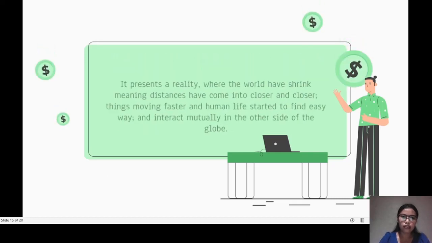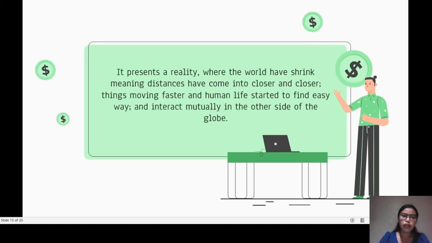Another one is that the contemporary world is very significant because it presents a reality where the world has currently shrunk, meaning that parang lumiit. So distances have come closer and closer, things are moving faster, and human life started to find an easy way to interact mutually with the other side of the globe.